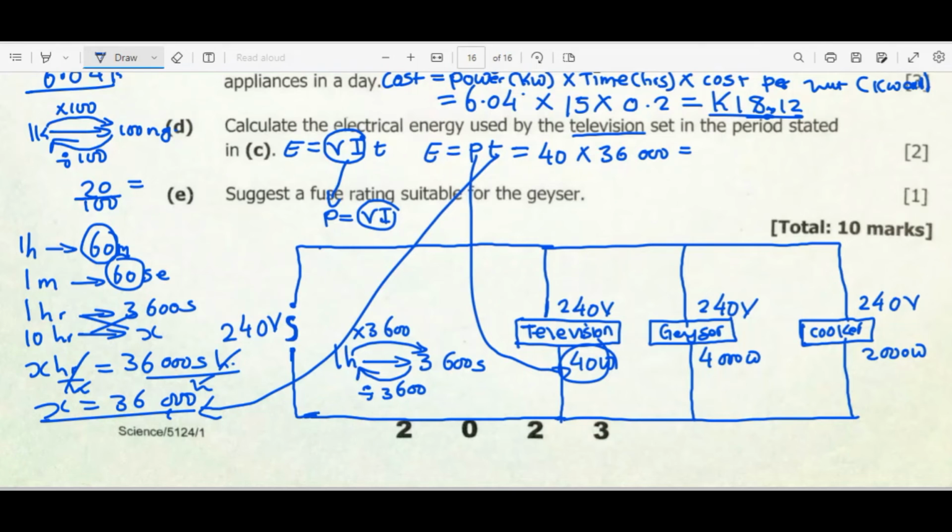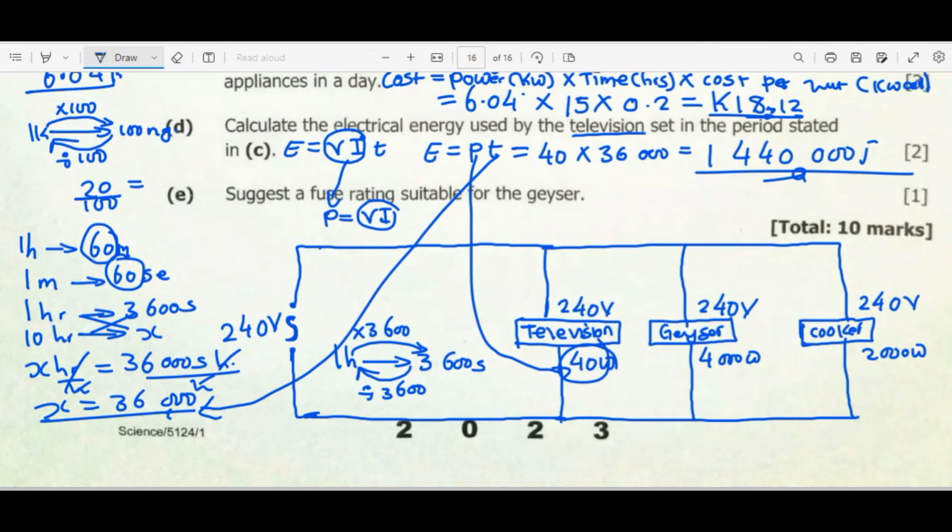So 36,000 times 40, I'm getting 1,440,000 joules, since it's energy. So this was the amount of energy used by the television.